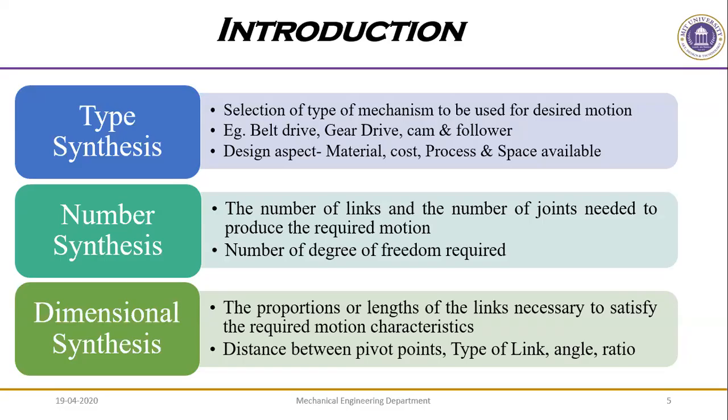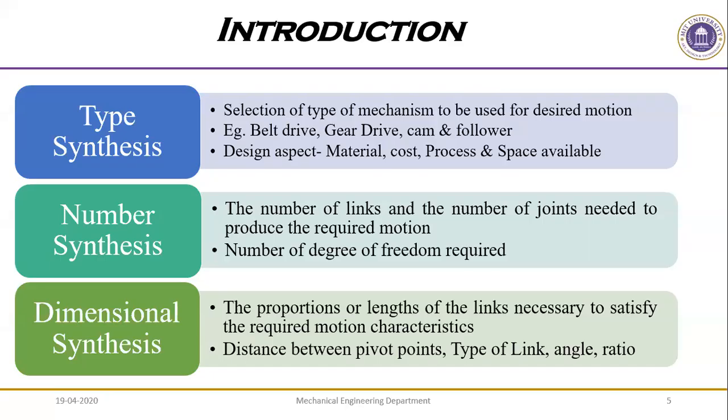In this case, we have to actually find out the dimensions of the mechanism. Means link length: we have to find out how long a link is required in order to get the required output. Sometimes we require complete rotation. At that time, how much link length will be there. Sometimes, suppose we have to achieve some ratio.